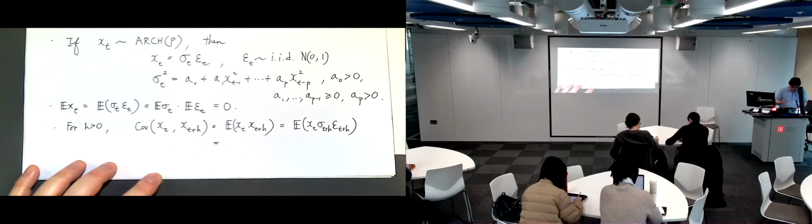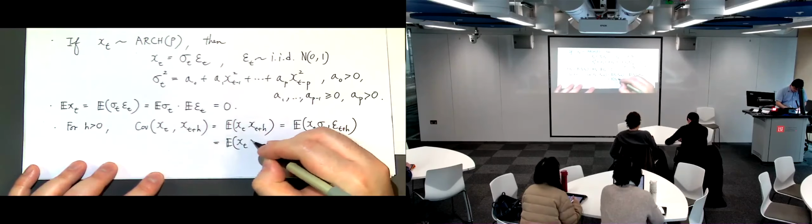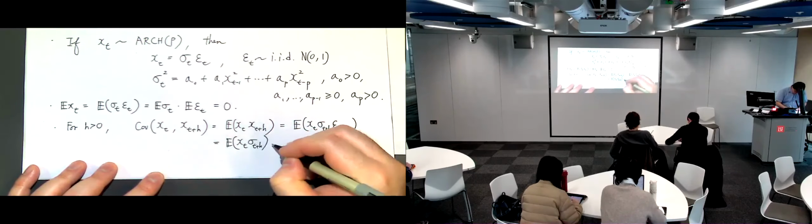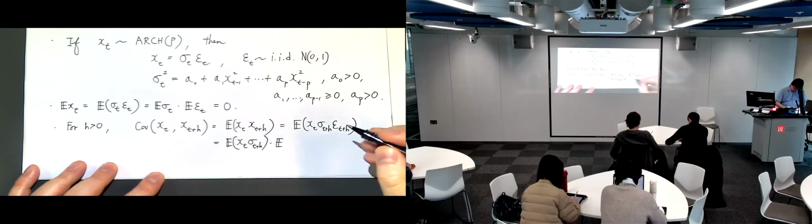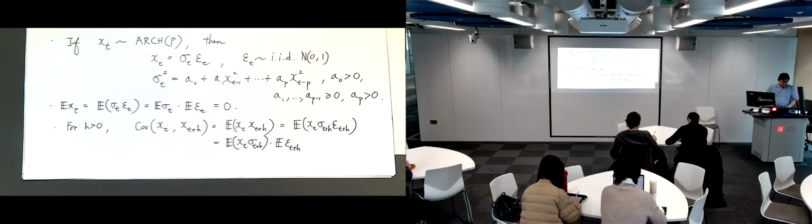Well, then the same kind of argument applies. Let me write that first. So it's xt times sigma t plus h multiplied with expectation of epsilon t plus h. Why is that? Sigma t plus h is deterministic, determined up to time t plus h minus 1.